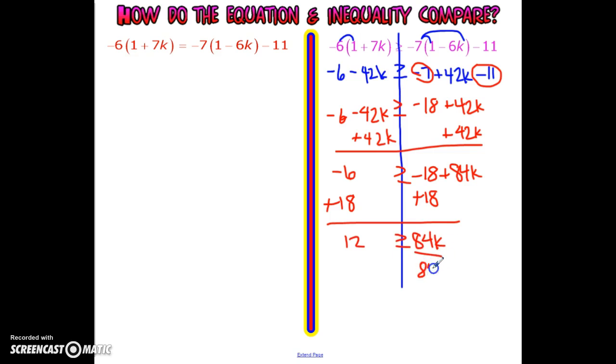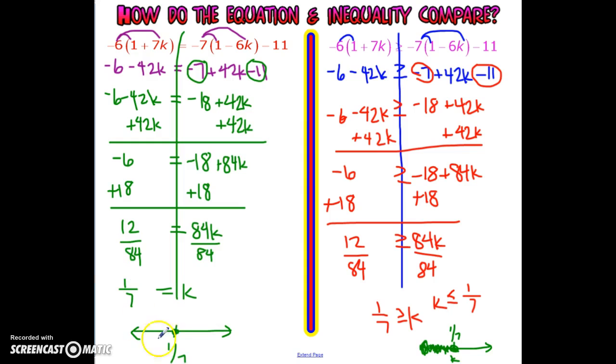Divide by 84. And 12 divided by 84 is 1/7. Now again, we can switch my variable in my solution as long as we flip the sign. So k is less than or equal to 1/7.